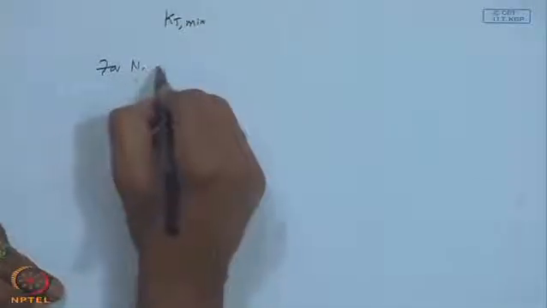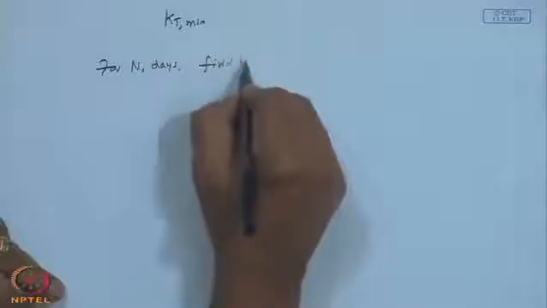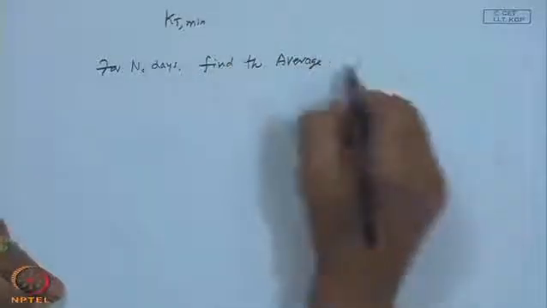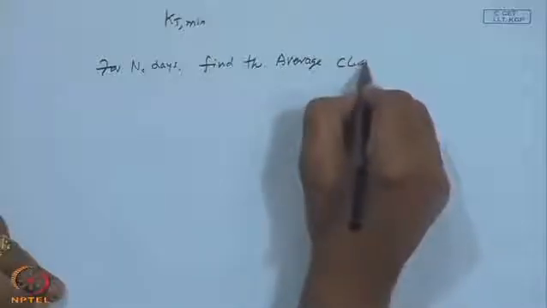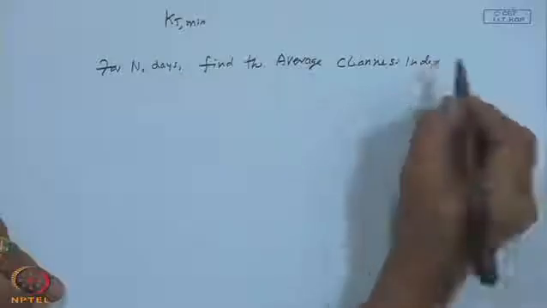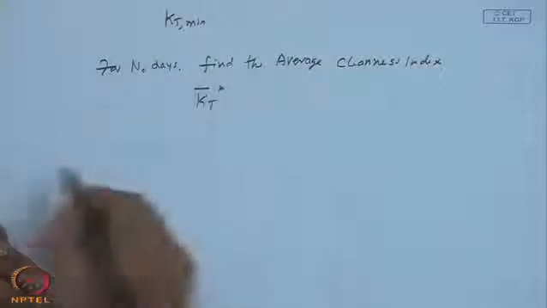Then for the NC days, find the average clearness index, which I will call KT bar star.